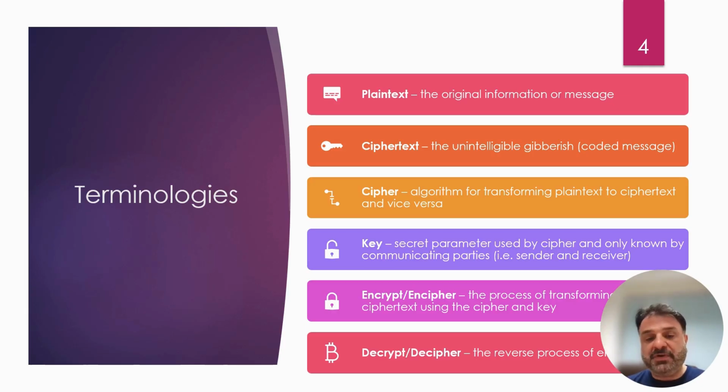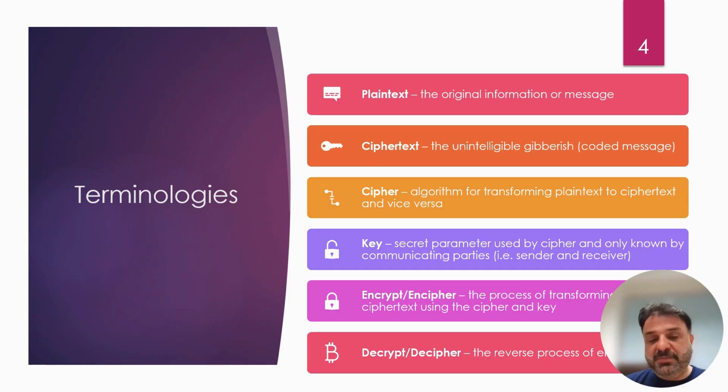Cipher is an algorithm for transforming plain text to ciphertext and vice versa. And then we have the term key. A key is a secret parameter used by the cipher and only known by the receiver and sender. It means that the communication parties just know these keys in symmetric encryption.